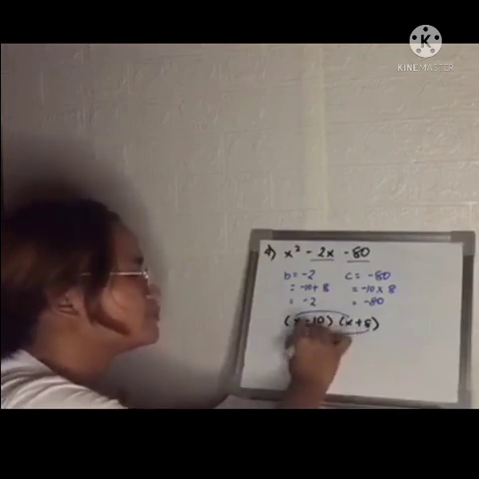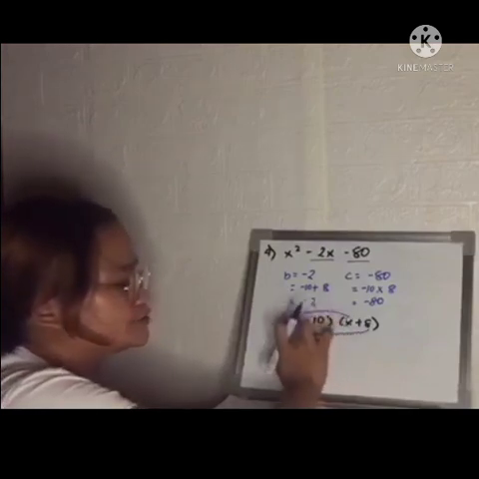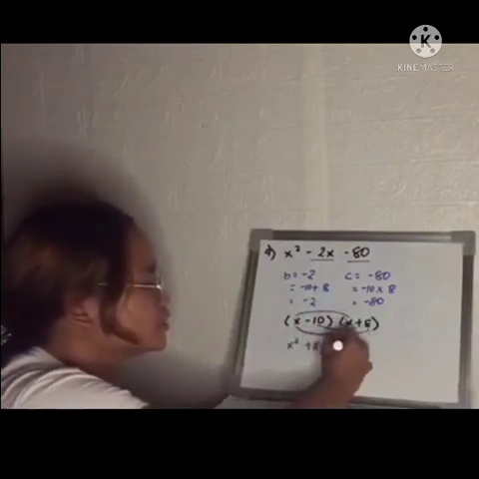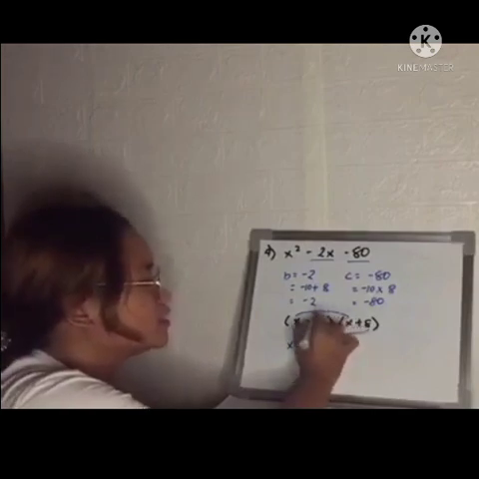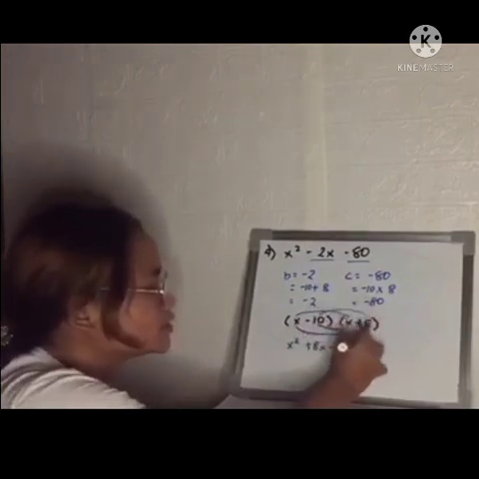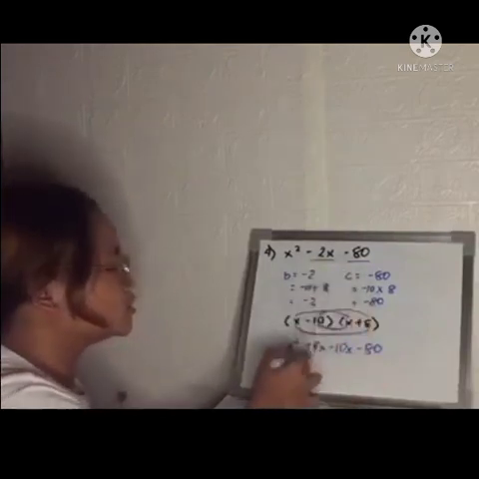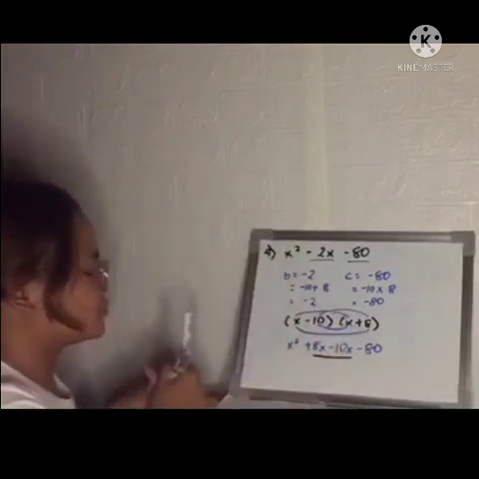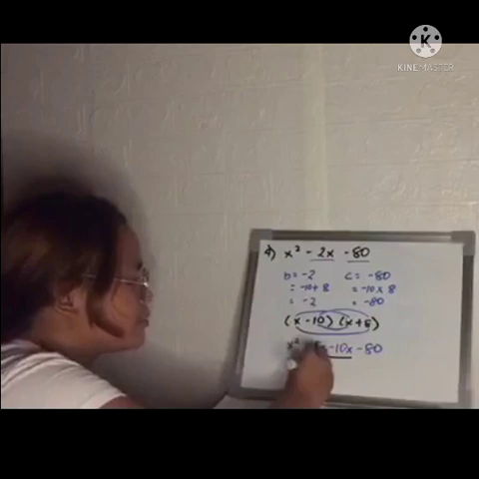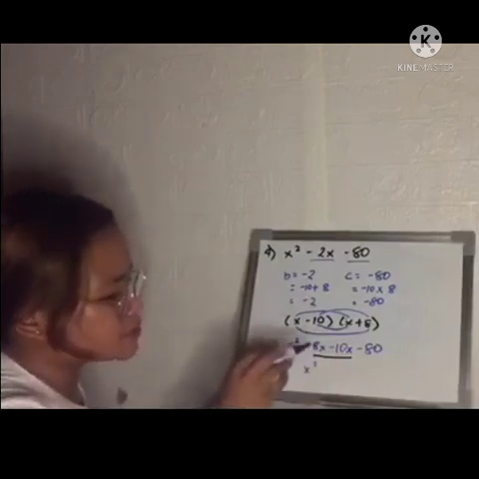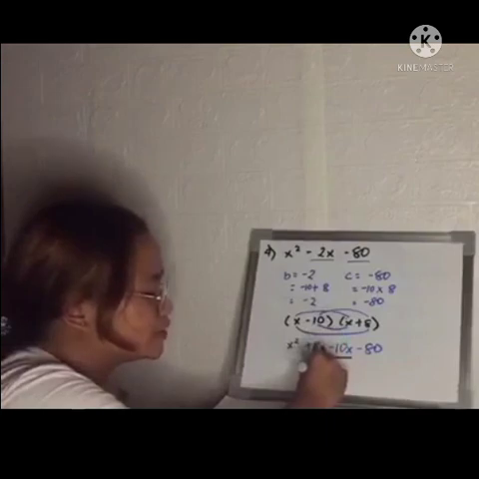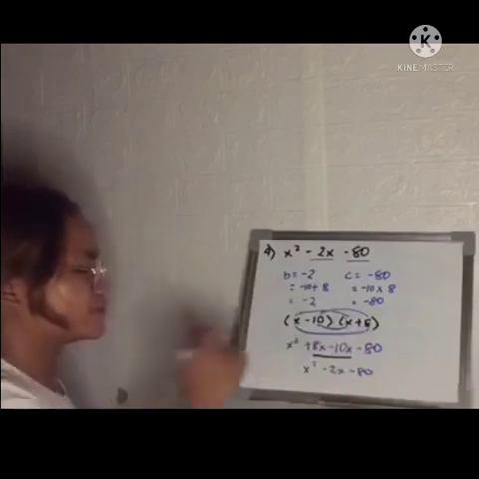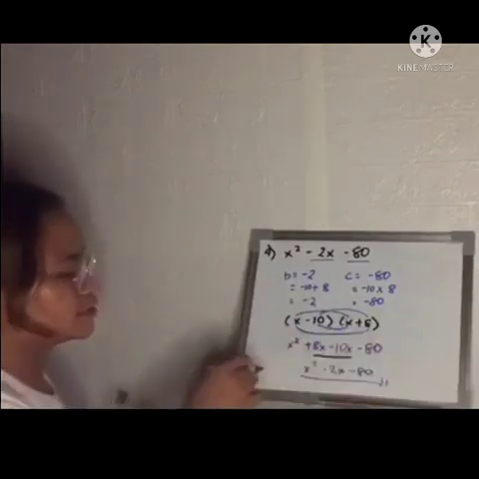And negative 10, inner: negative 10 times x is equal to negative 10x. Negative 10 times 8 is equal to negative 80. So, combine the like terms. So, x squared plus 8x minus 10x is equal to negative 2x, and negative 80. That's the final answer. Check.